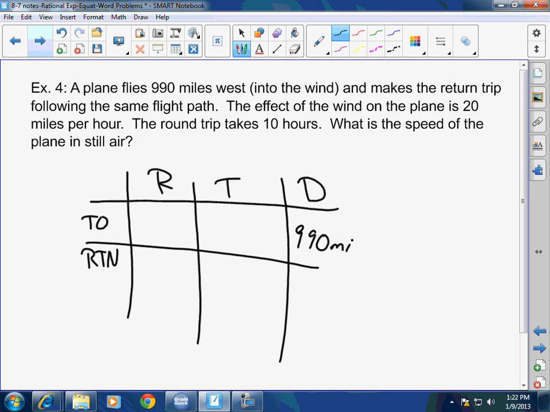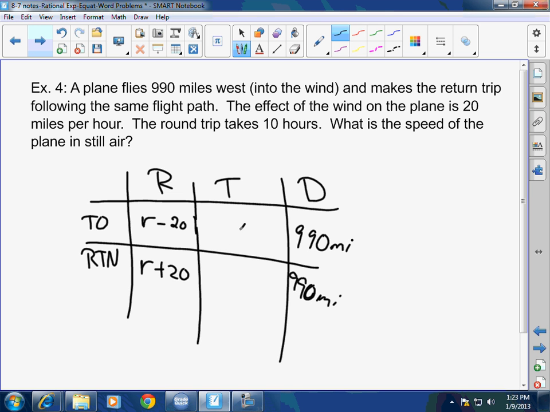So the rate, we have no idea, and it's going against the wind, right? The effect on the plane, actually, is 20 miles per hour. So the wind is 20. So R minus 20. On the return trip, it's 990 miles again. But this time, you're adding 20. It's a tailwind. It's going to speed up your trip. The round trip takes 10 hours.